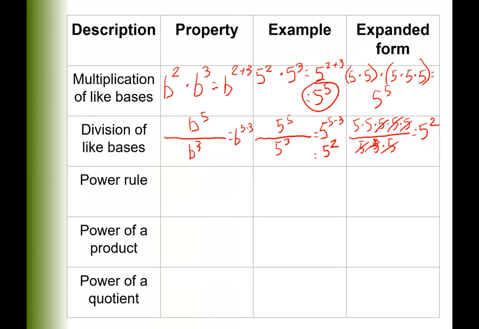Now, here's what happens when you are dealing with a power. We've been dealing with multiplication and division. Now, here's what happens when you are dealing with it being a power.